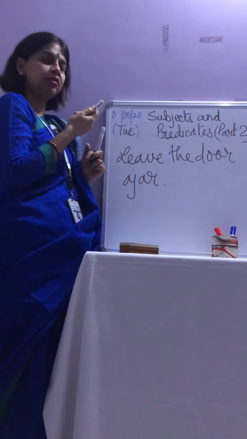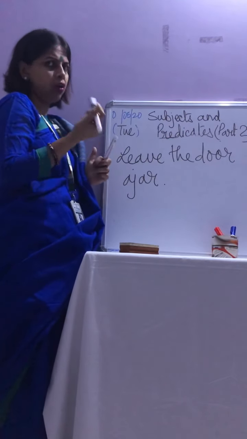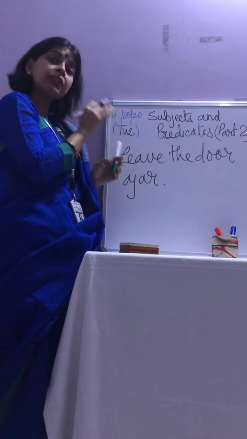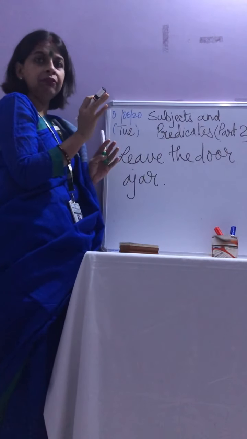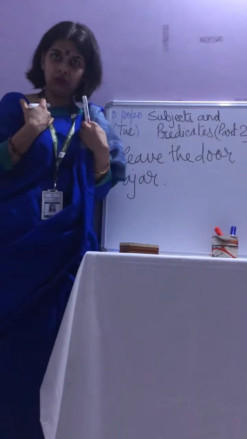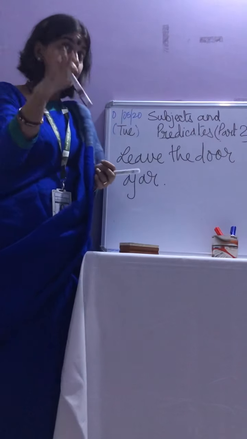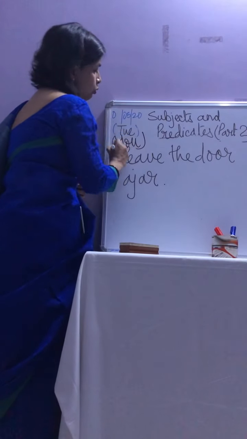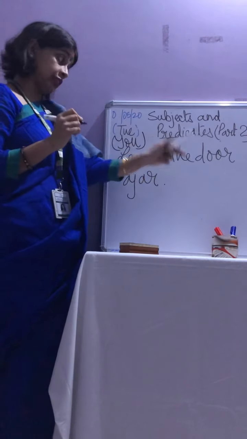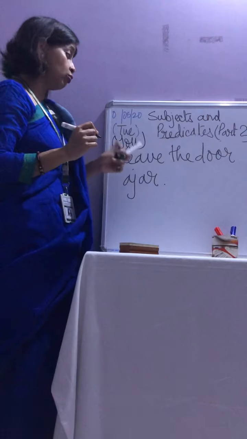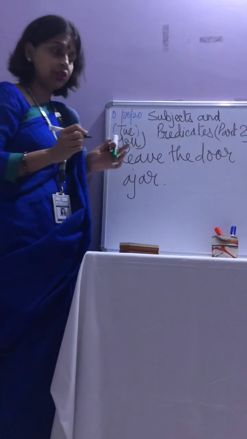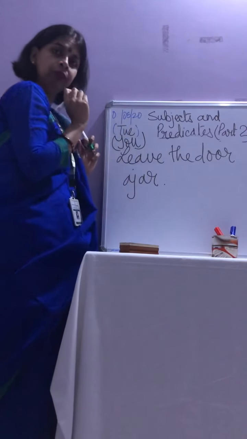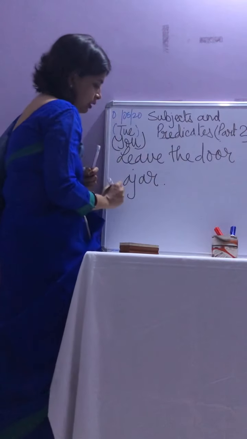It is a command, isn't it? It's an imperative sentence, an order. So who is being told to leave the door ajar? Not me, of course, because I am saying leave the door open. So you. This means the subject is you here. If you are given an exercise asking you to identify the subject, you're quickly going to write you. Similarly.